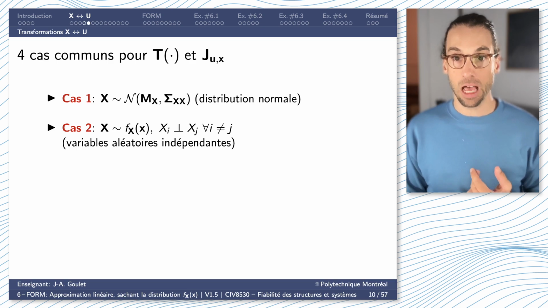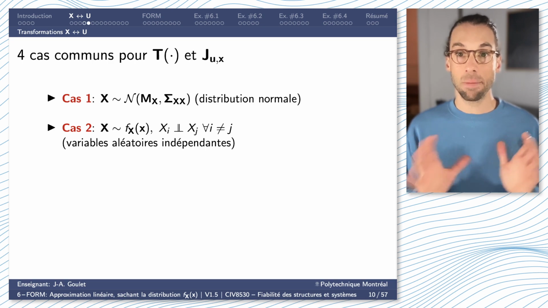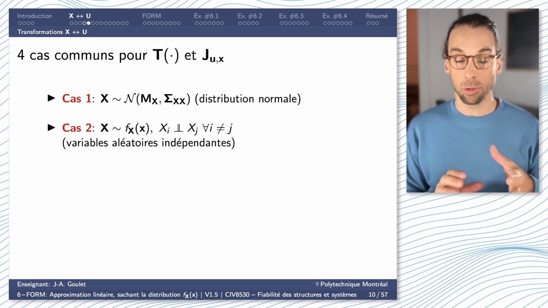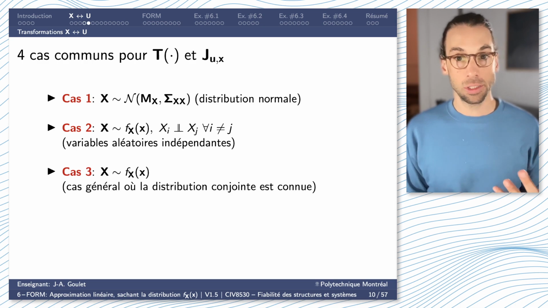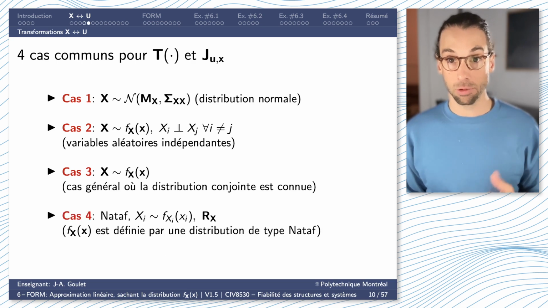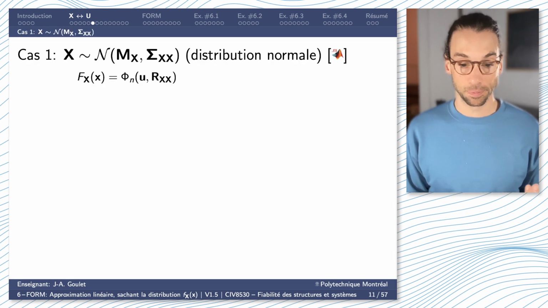Second case, we're going to have prescribed marginals, which can follow any distribution, but each dimension is going to be independent. So we're going to be able to model that joint distribution in the original space by taking the product of my marginals. Third case, we're going to have a joint distribution defined with the Morgenstern distribution. Fourth case, we're going to have our joint distribution described by a Nataf distribution.